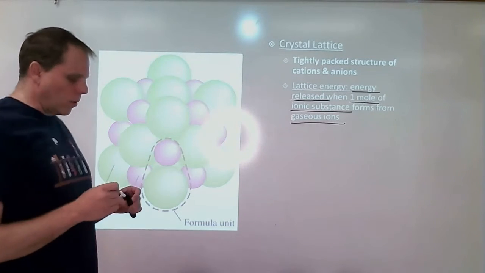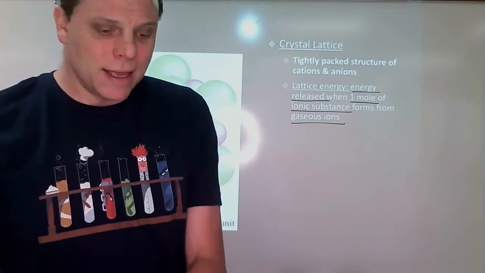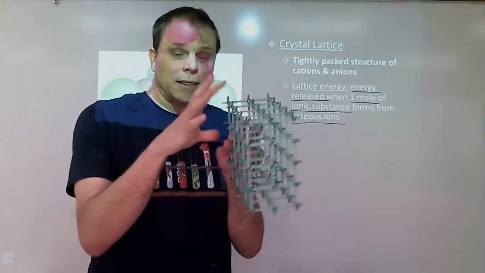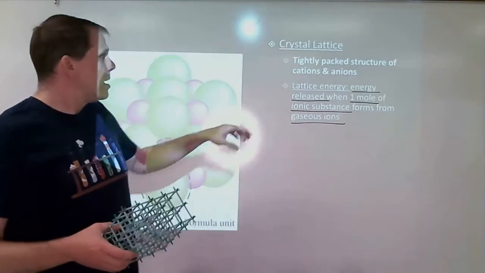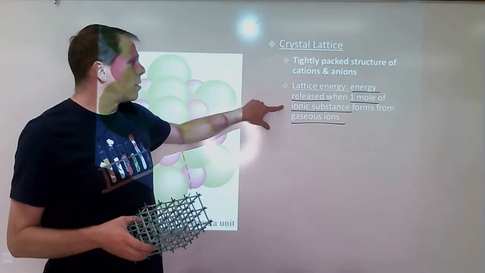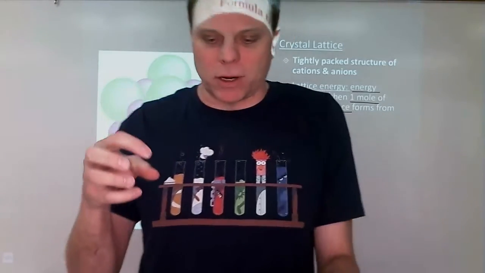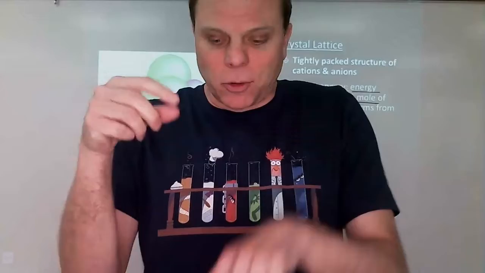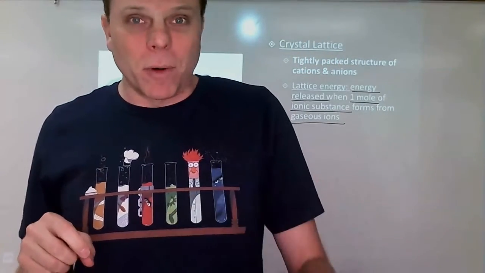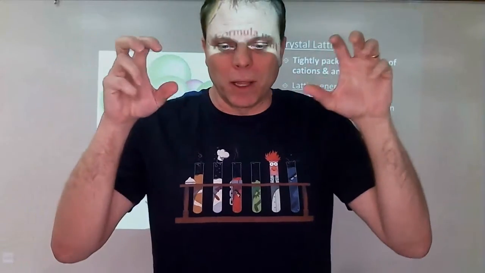How much energy? So if I had these things together, or had these things apart, okay, 1 mole of ionic substances forms from gaseous ions. Okay, so if I had them apart from each other, I had all this chlorine, all these little green ones as a gas, and then I had all these little silver ones, sodium as a gas. It had to be really hot, right? Sodium is going to be really hot as metal.